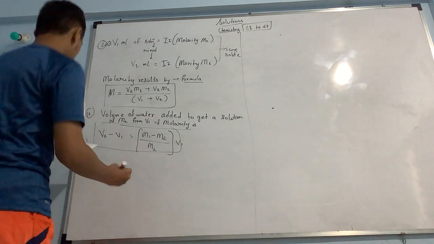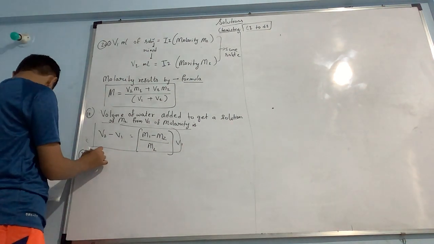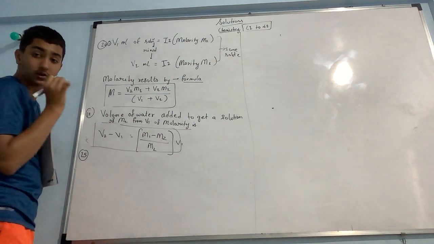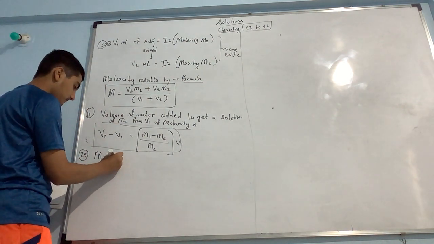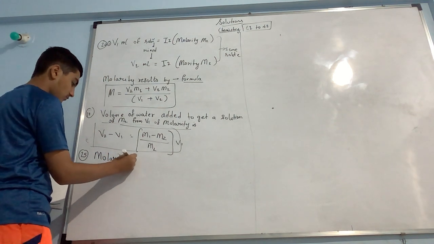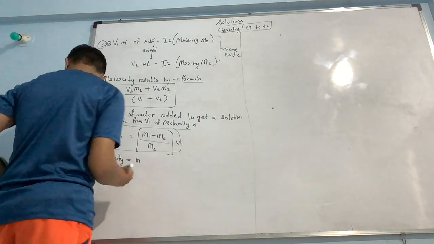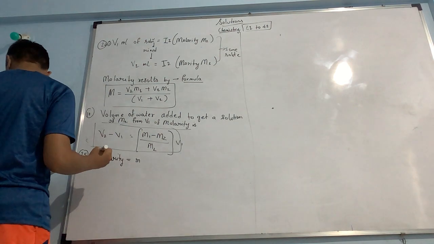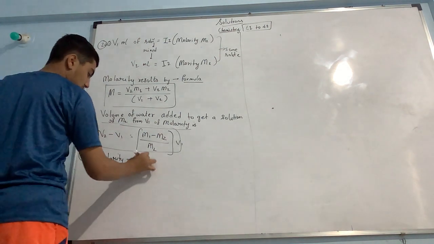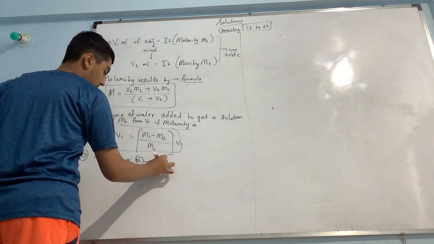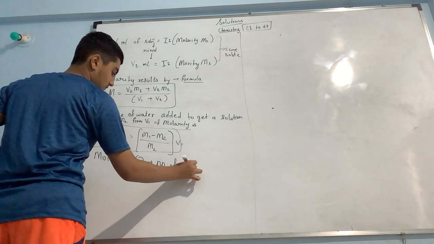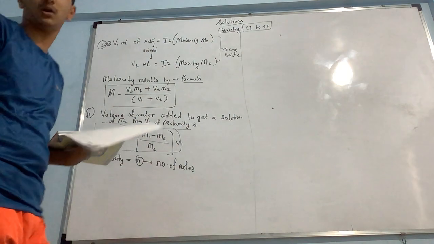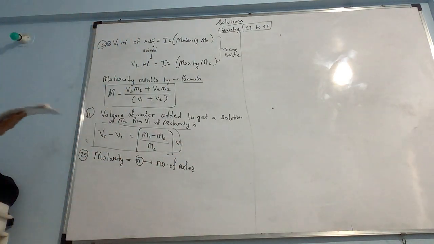In a solution, there is a molarity. M is represented by, what is the meaning of it? The meaning is number of moles.